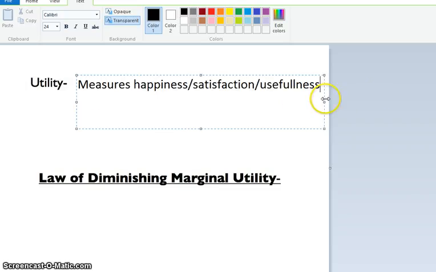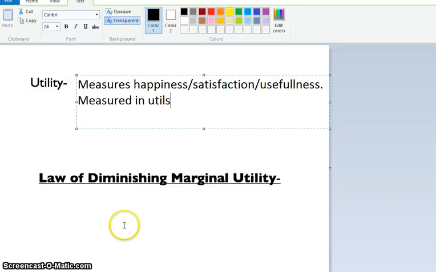Usefulness, utility, they both start with U. And we measure it in utils. Utils is just the unit. It's like a meter telling you how long something is. Well, how much happiness, according to an economist, you're going to measure in utils here.